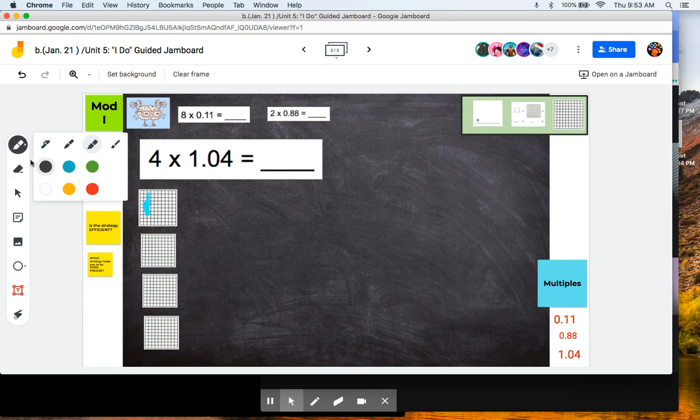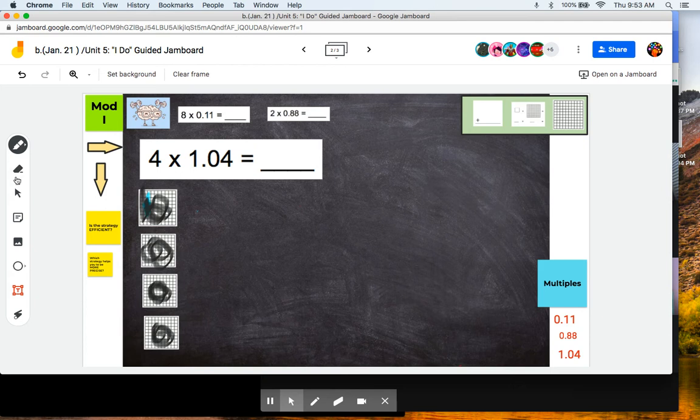Let me use black. So that's 1 whole. That's 1 whole. And this is 1 whole.